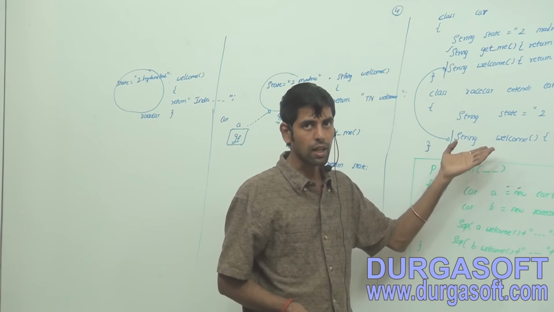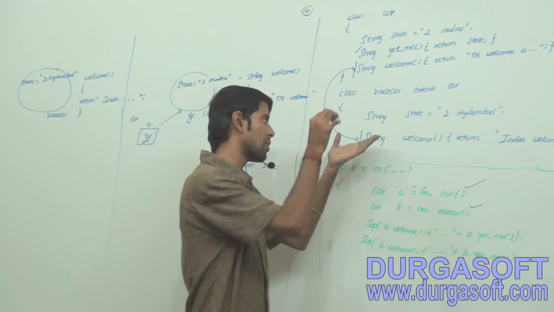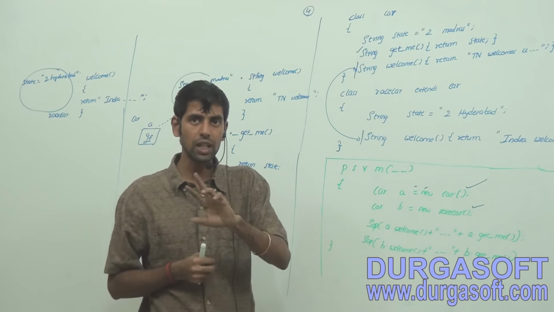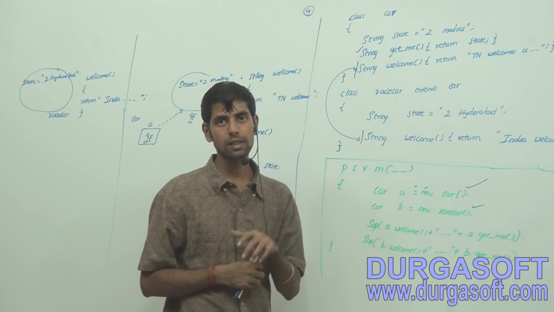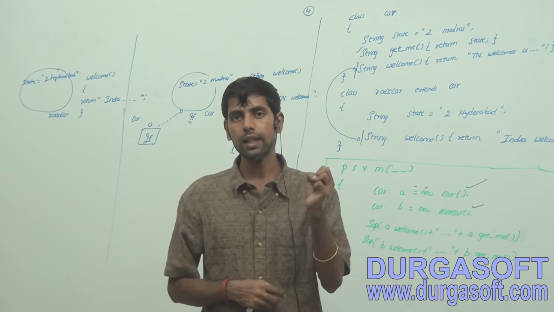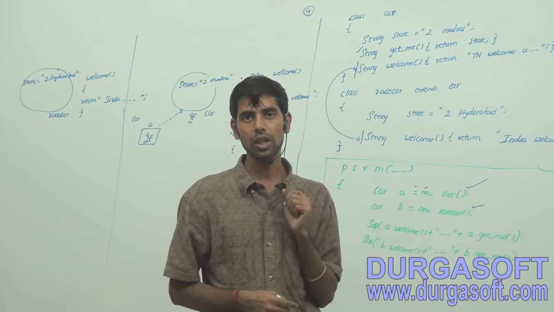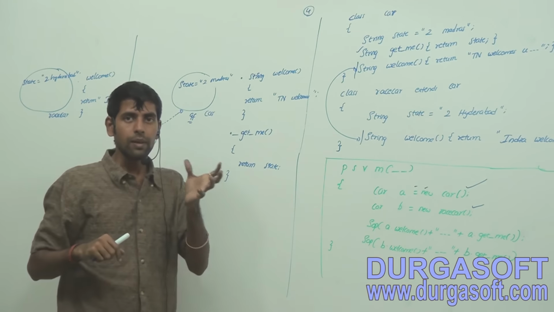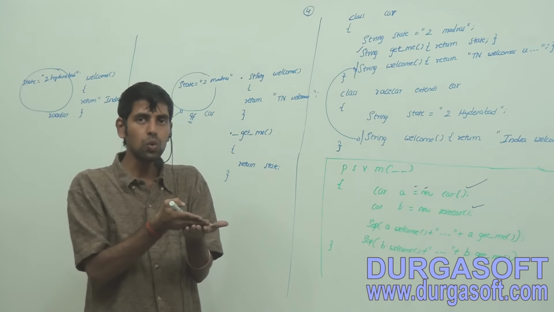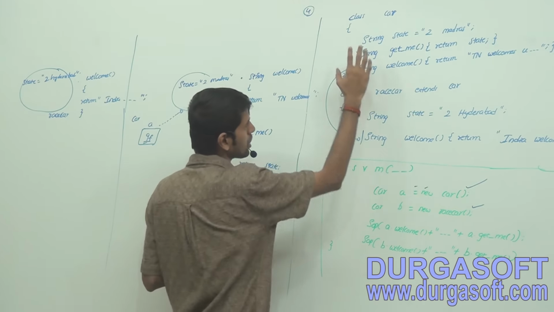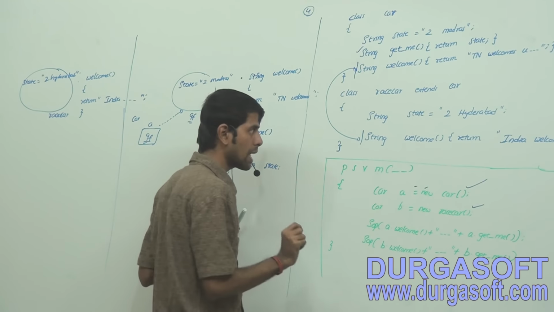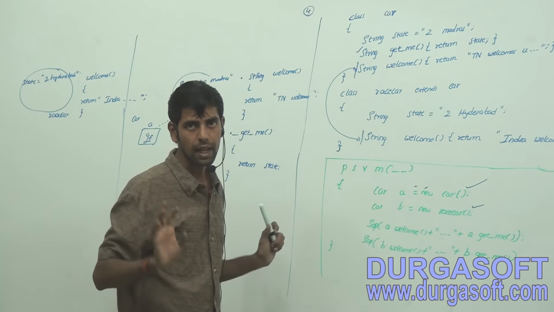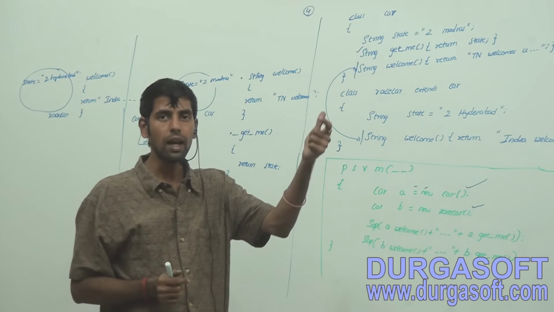Now observe this. Whatever the child has, if the parent class also has it with the same method signature and the same return type, or covariant return types, which is possible from version 1.5 onwards, then the child class method only will be associated to the current underlying object. I explained covariant at the overriding concept.